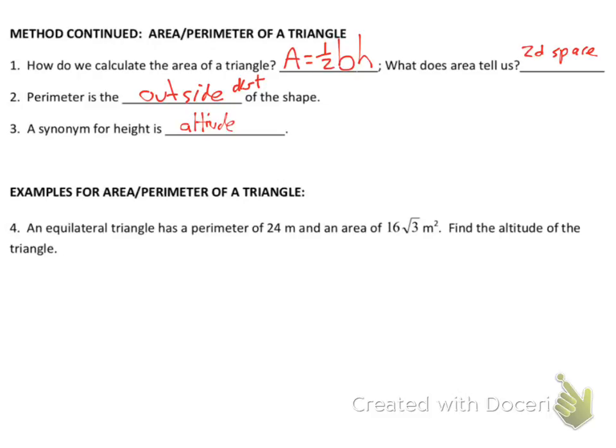Okay. Example 4, an equilateral triangle. When I start to say an equilateral triangle, your mind is already picturing an ideal equilateral triangle. It has a perimeter of 24 meters, and an area of 16 square root of 3 meters squared. Find the altitude, aka the height.